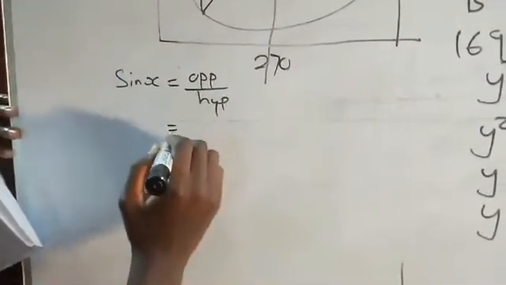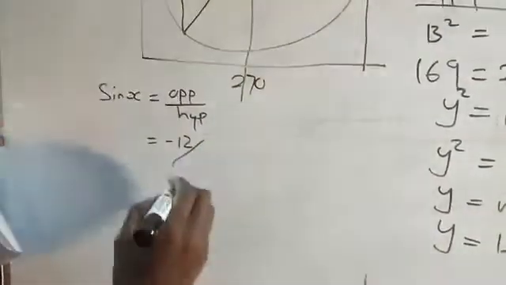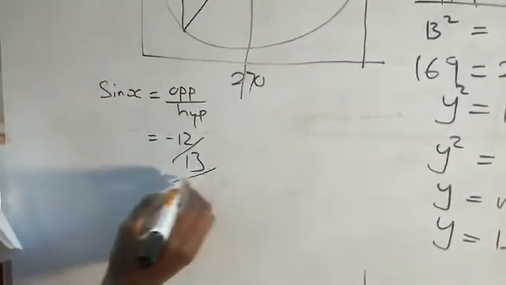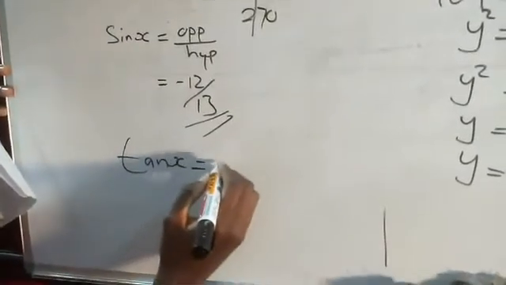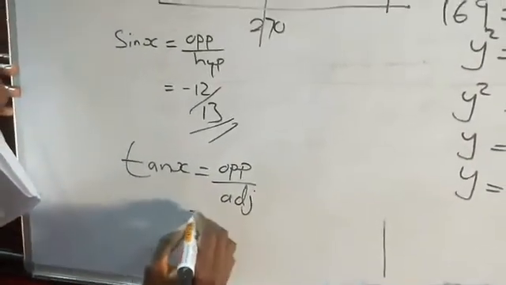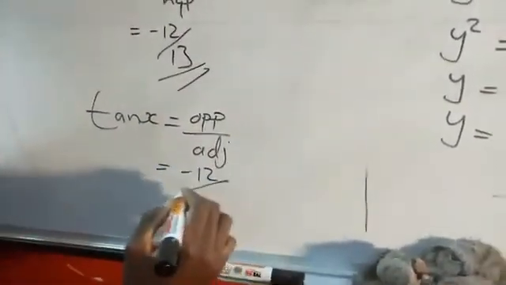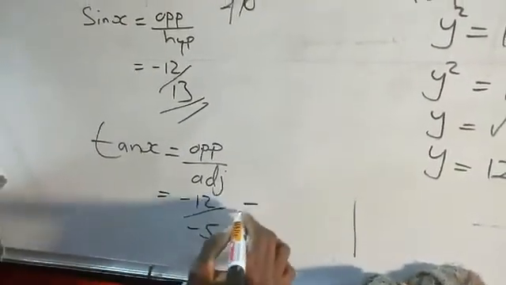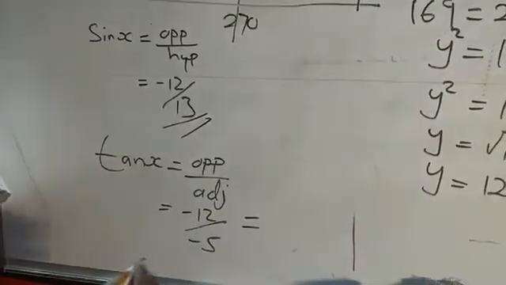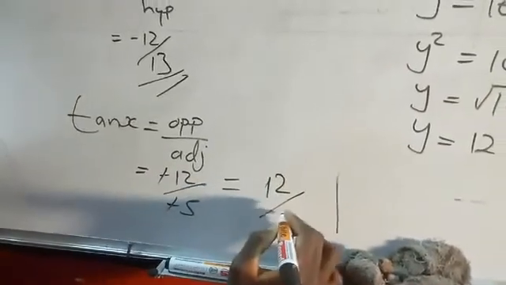So our opposite is negative 12 over our hypotenuse, which is 13, and our tan x is equal to opposite over adjacent, and our opposite is negative 12 over adjacent, which is negative 5, becoming, these negatives will cancel, a positive 12 over a positive 5.